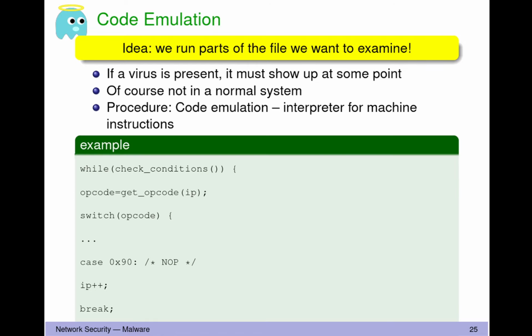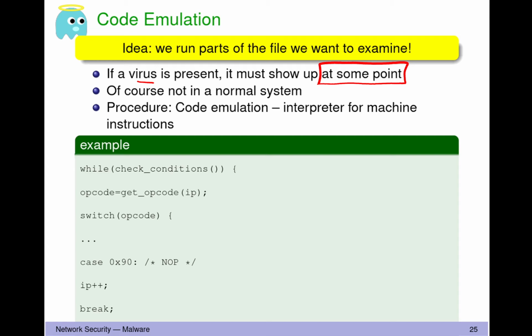So we run parts of the file we want to examine. If the virus is present, it must show up at some point. Obviously not in a normal system, so we need this kind of sandbox environment again.